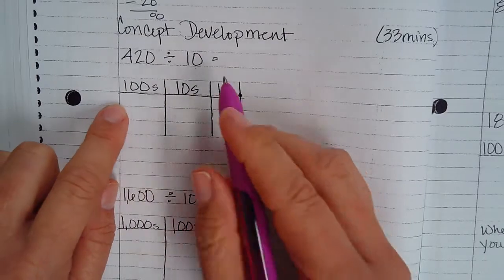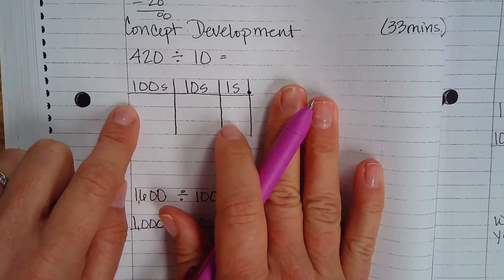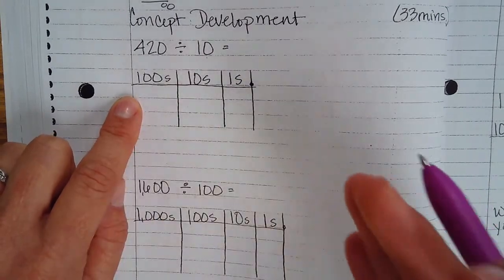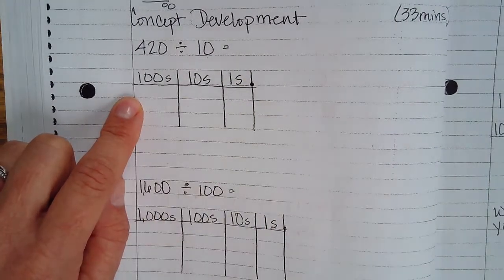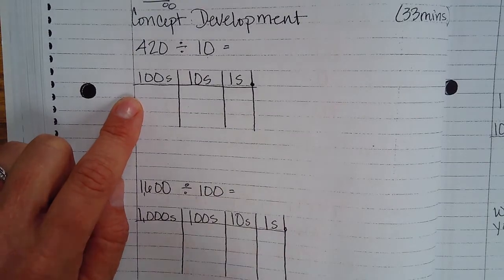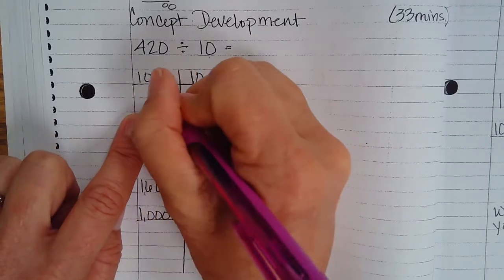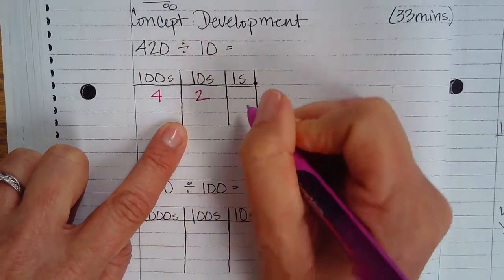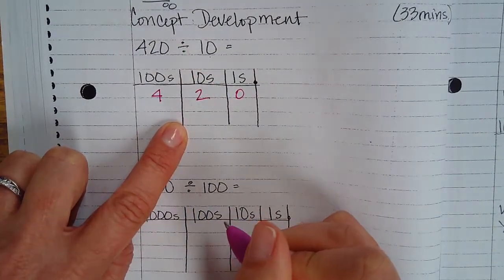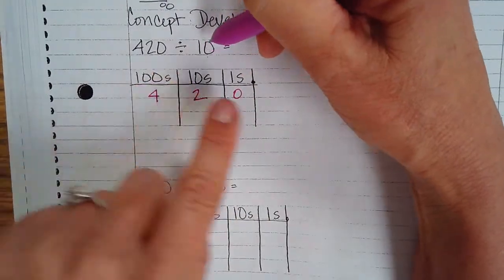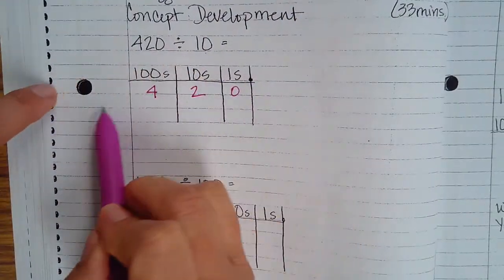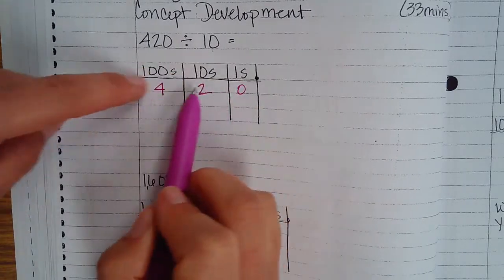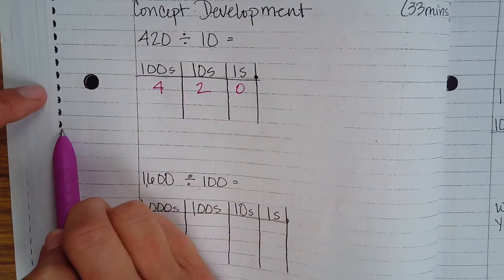So let me show you how I want you to show me these problems today, okay? This is how you were going to show me in the problem set. So if I had 400, 2 10s, and 0 1s, remember when we multiply, our arrows are going in this direction because it's getting 10 times bigger, 100 times bigger, 1,000 times bigger, right?